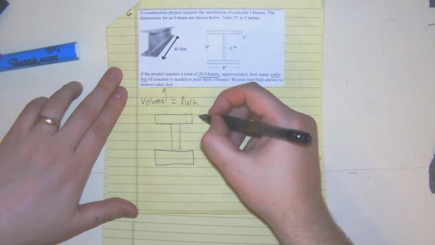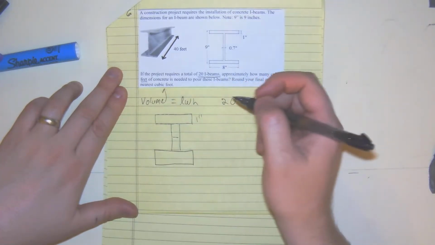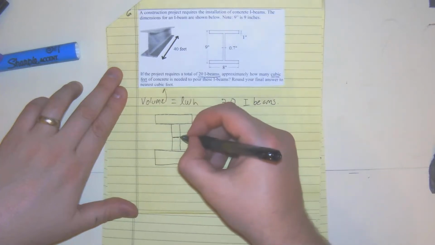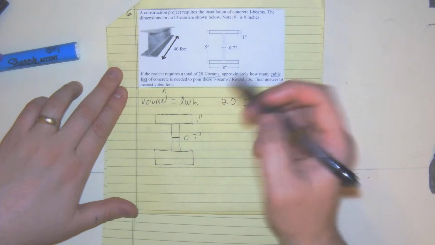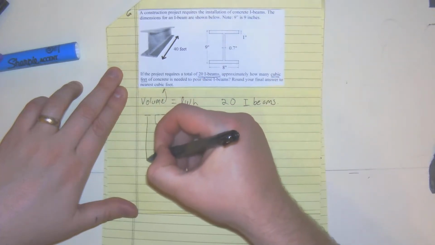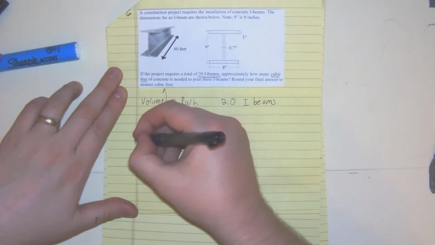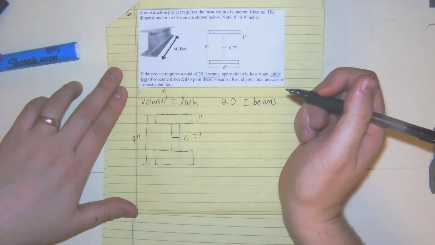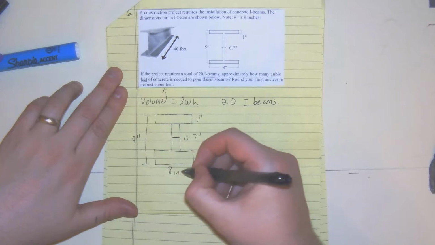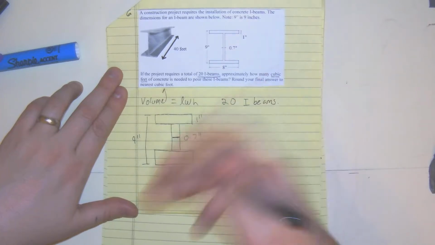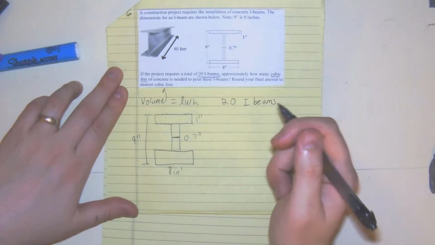So this is going to be 1 inch. This right here is 0.7 inches. To the top to the bottom of this beam, it is 9 inches. And the width is about 8 inches.